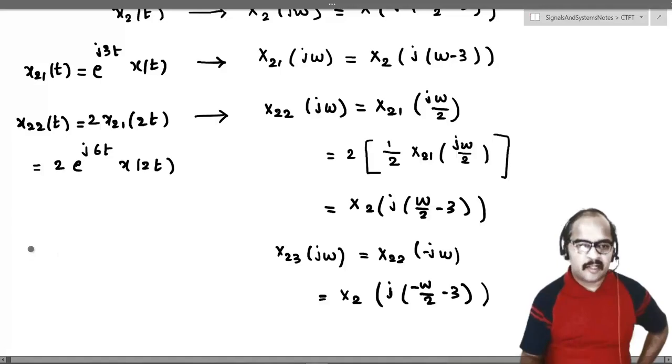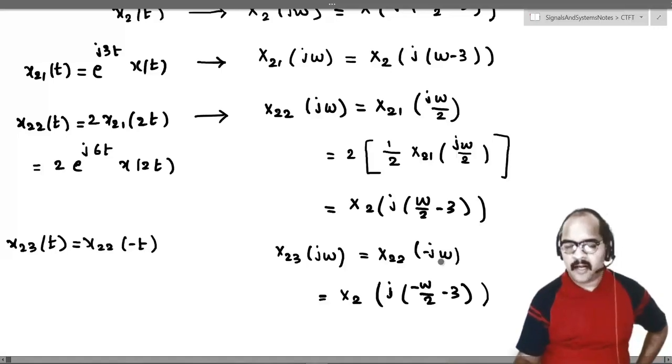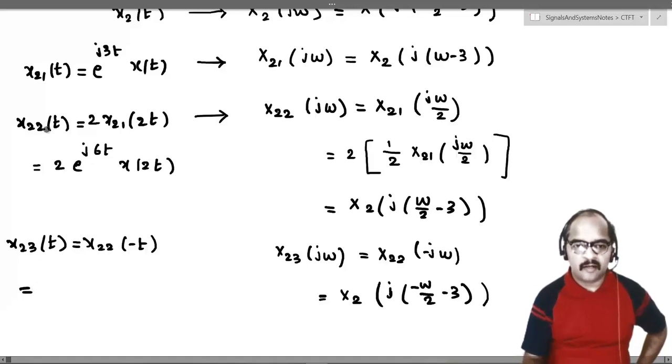The corresponding time domain signal would be x23 of t, which is equal to x22 of minus t. Why? Time reversal in frequency domain is the same as reversal in time domain. We got x22 of t, and in that we replace t with minus t. So you will get 2 times e power minus j6t multiplied with x of minus 2t.